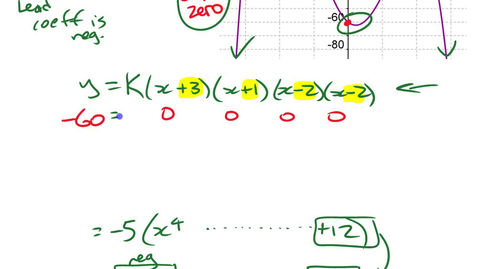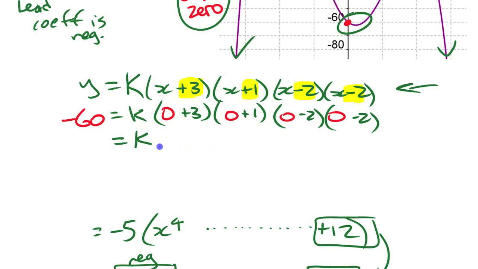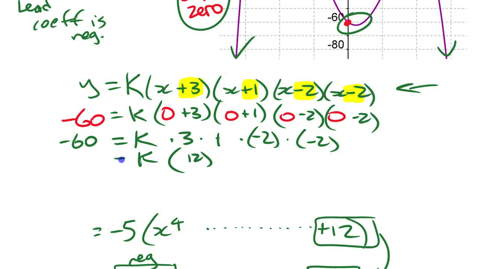So 0 plus 3, 0 plus 1, 0 minus 2, 0 minus 2. Now, 3 times 1 times negative 2 times negative 2, that has to be negative 60. Or in other words, k times 12 has to be negative 60.